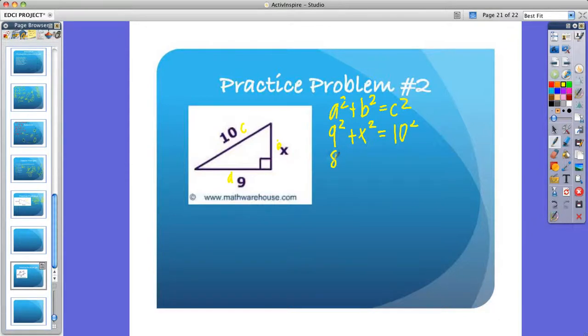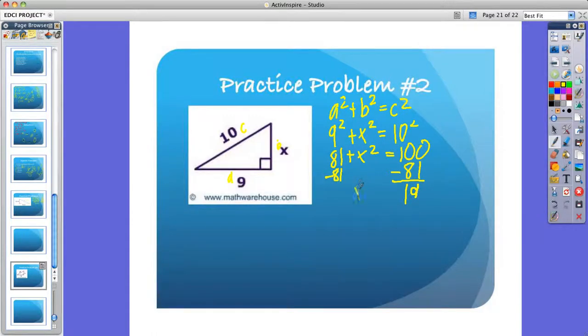So that means that 81 plus x squared equals 100. So then we subtract 81, and we subtract 81 over here, and that equals 19.